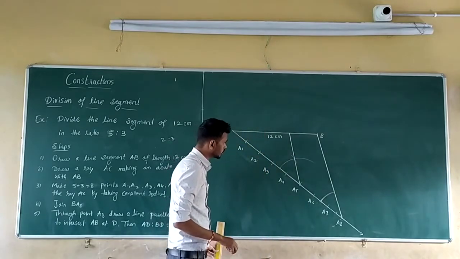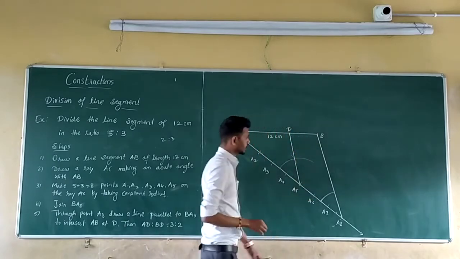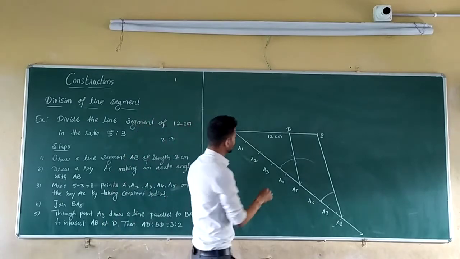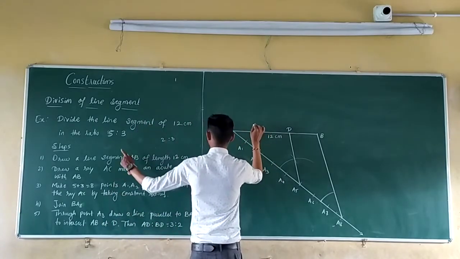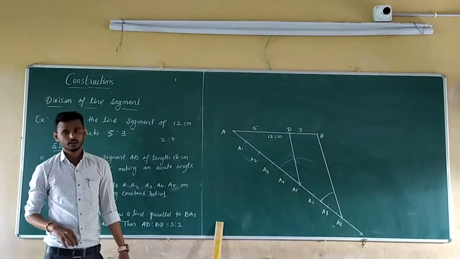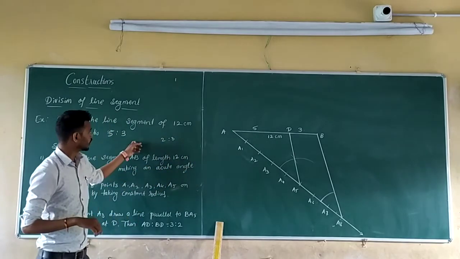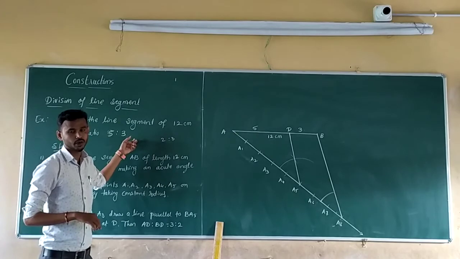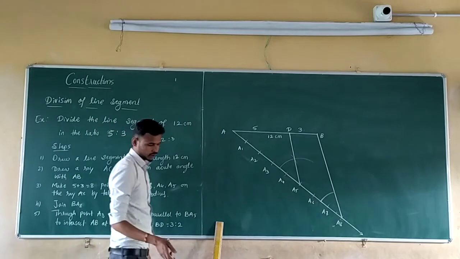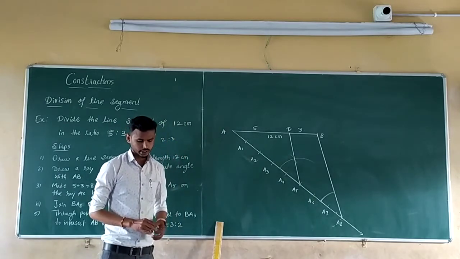So this is point D, parallel to BA8. So this will divide into how much? 5:3. So like this you need to divide the line segment in the given ratio. So this is about your division of line segment. We will see the next section.